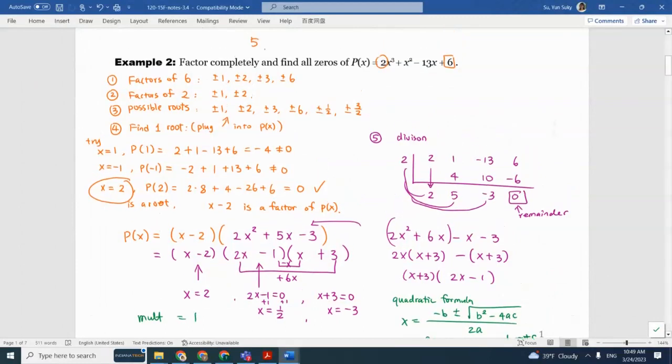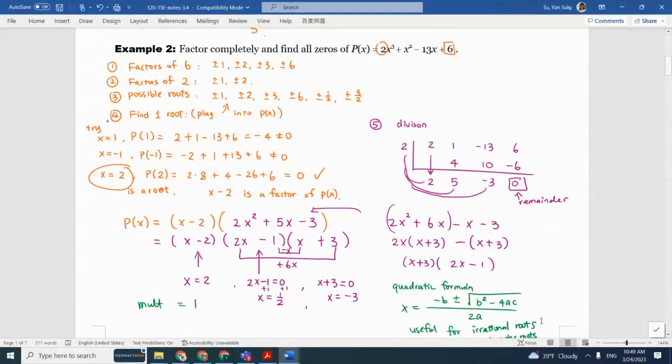So now here, this is degree 3, okay? So we have a degree 3 polynomial. Then we use the rational zero theorem to find 1 root.